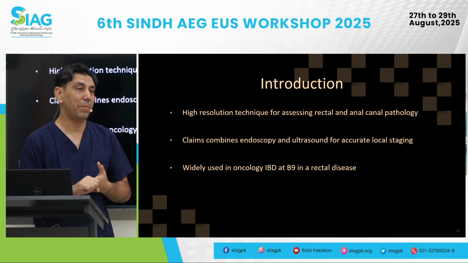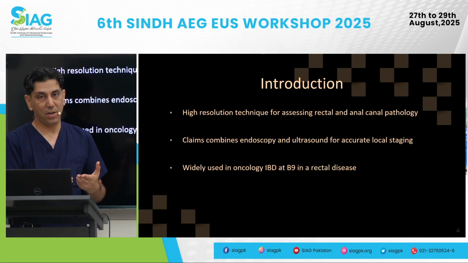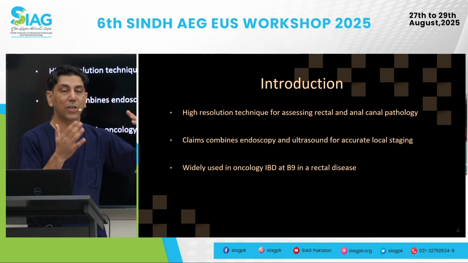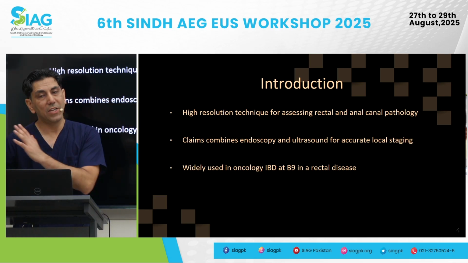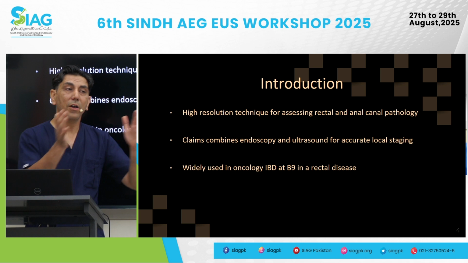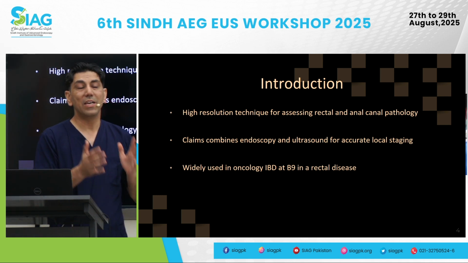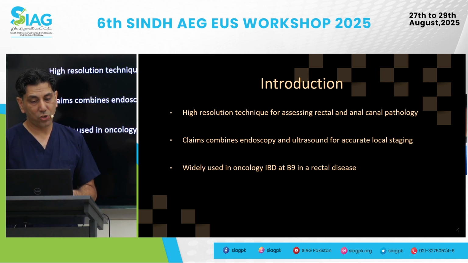Yesterday we also talked about 3-dimensional ultrasound. So EUS is usually a 2-dimensional modality, but obviously with the advancement in technology, we are now looking at performing 3D endoscopic ultrasound.